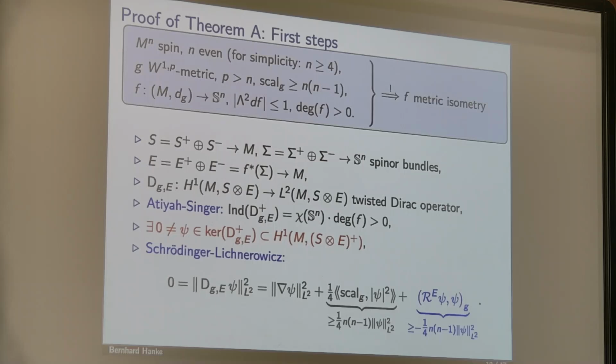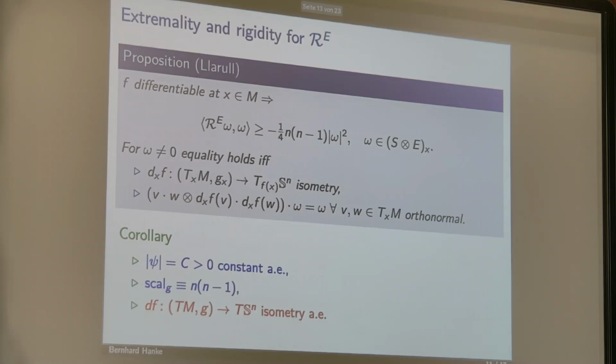And this is a very strong conclusion. So this is the important term here, because this involves the twist bundle E, which has to do with the comparison map f. The computation of this term is the main ingredient in the Llarull paper from 1998.